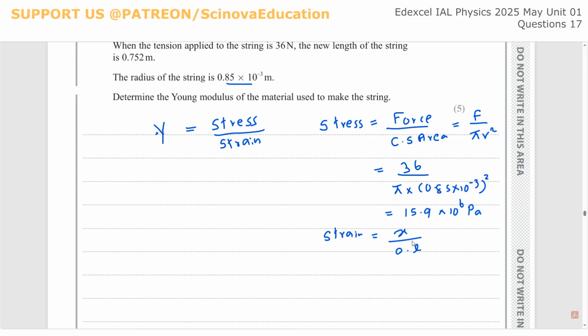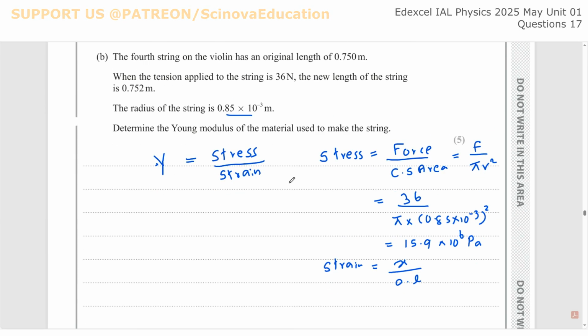In this problem, they have given us the original length to be 0.750 meters. However, the extension is not given directly, but they have given it as new length and the original length.